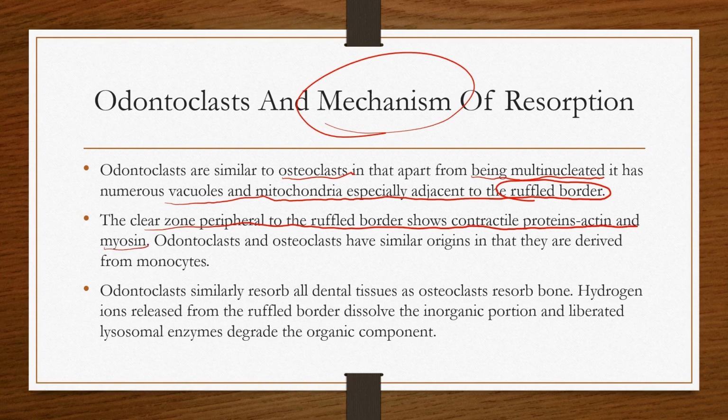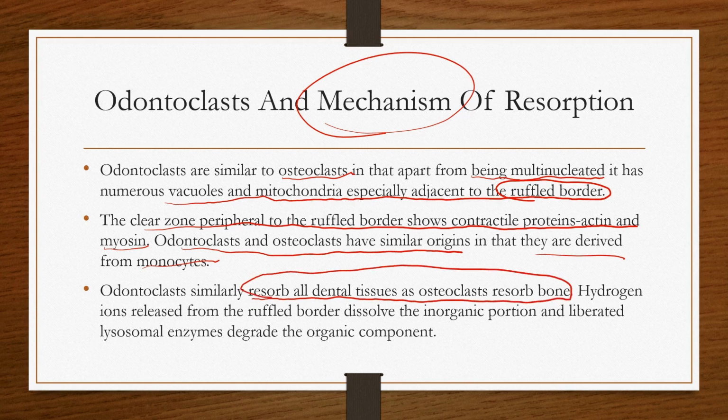Odontoclasts and osteoclasts have similar origins. They are derived from monocytes. Odontoclasts resorb all dental tissues just as osteoclasts resorb bone. This is to be noted. Hydrogen ions released from the ruffled border dissolve the inorganic portion, and liberated lysosomal enzymes degrade the organic component. This is the main event.